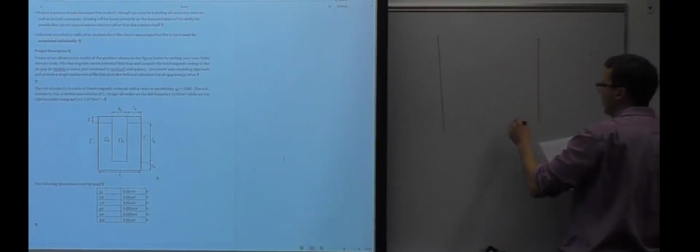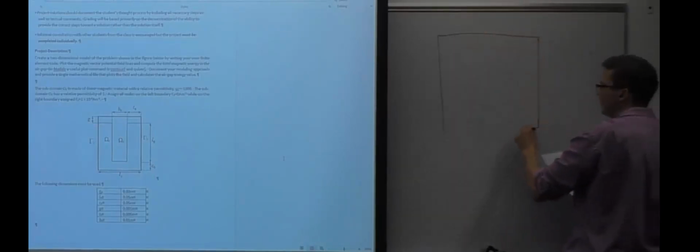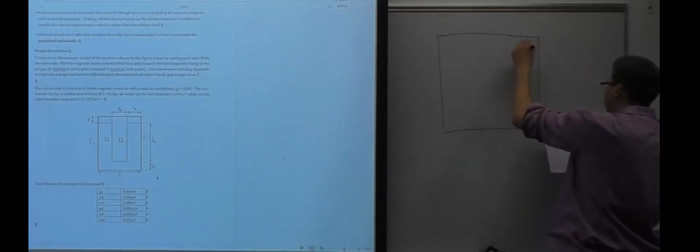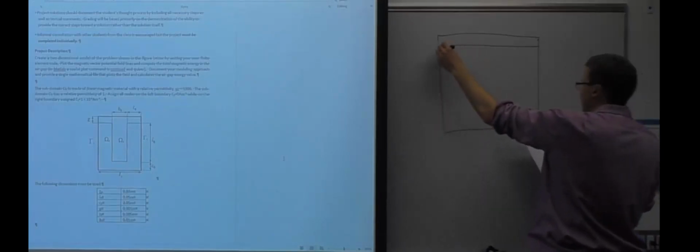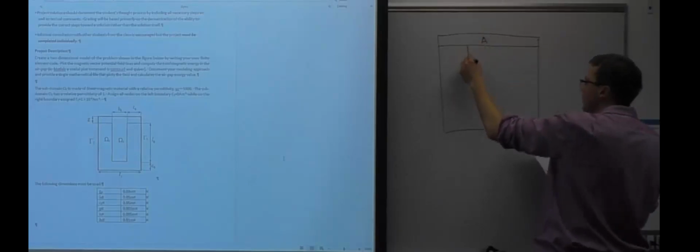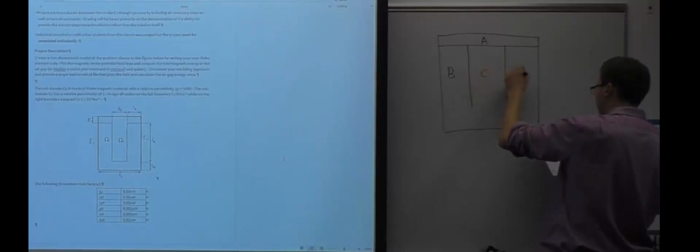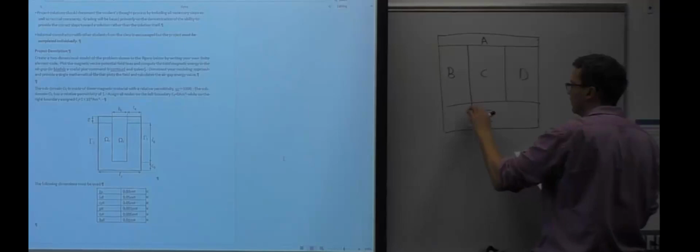You have to solve the whole thing, but you can split it up by essentially the meshing can be split up into 5 regions. So you have the top region A, and then you have region B, C, D, and E.